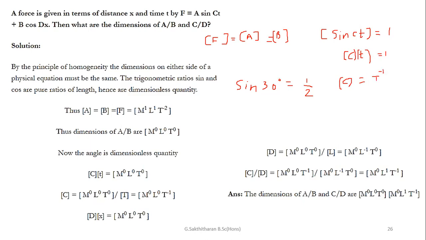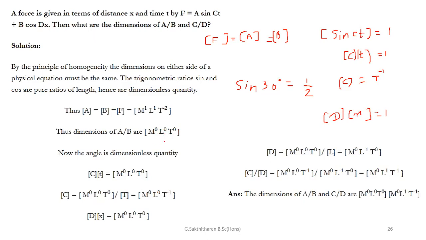And also here, D into X. The multiplication of D into X also equals 1. Dimensionless means they don't have dimensions, that is M to the power 0, L to the power 0, T to the power 0.